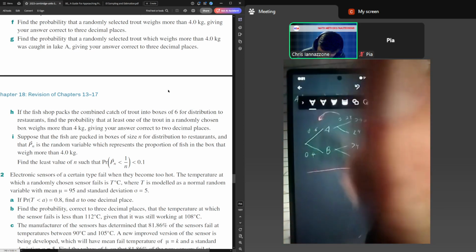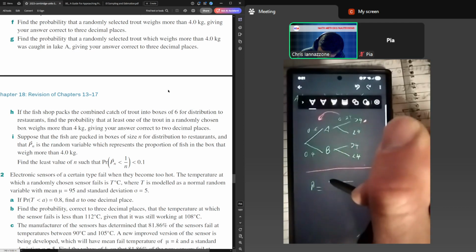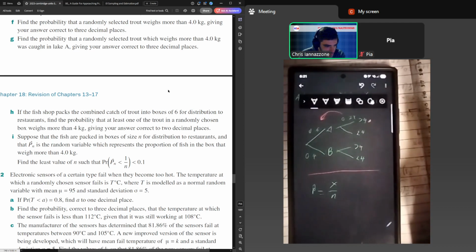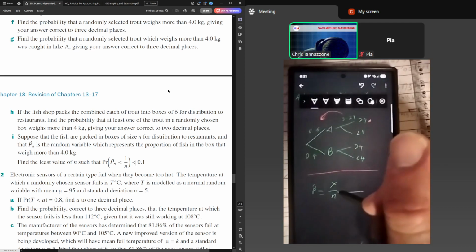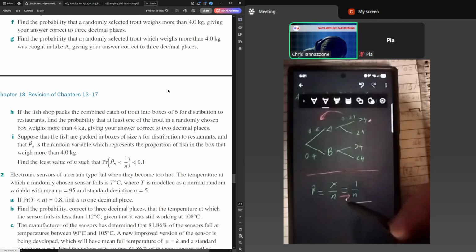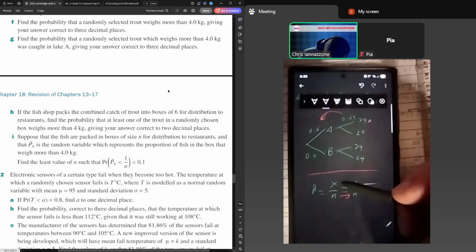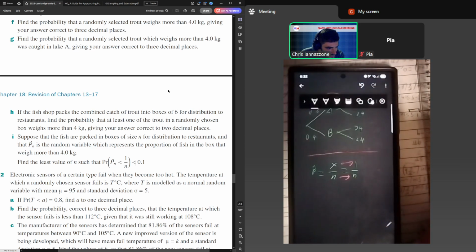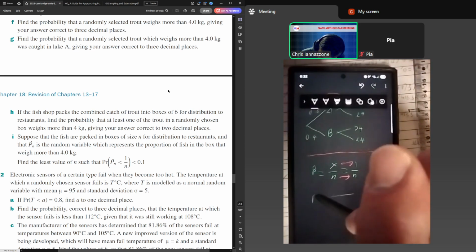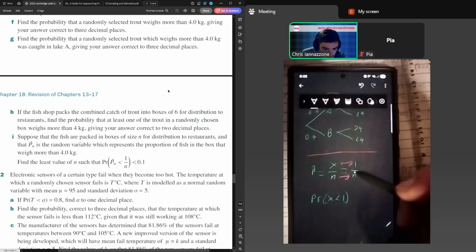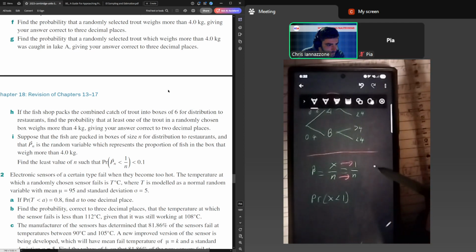Any p hat value is always x divided by n, right? So if we have a specific p hat value of 1 over n, we don't know what n is, but we definitely know that x equals 1. And so to rewrite this as an equivalent x equation, you would call it P(X < 1), because you're writing it in terms of x rather than the p hat value.